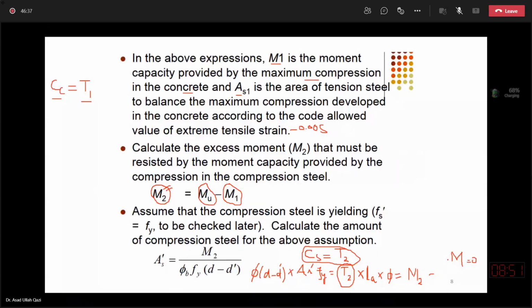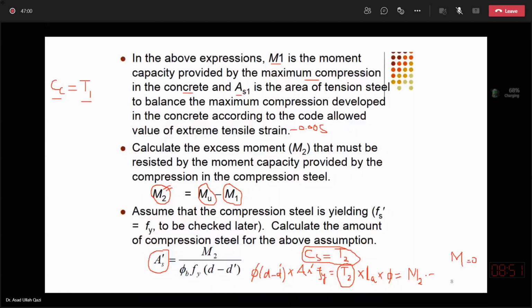In this equation, I am rephrasing it: I am bringing As prime on one side and keeping M2, which was on the right hand side, in the numerator, and bringing phi Fy (d minus d prime) in the denominator.